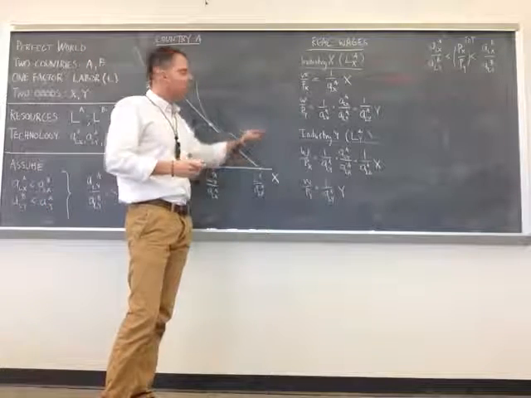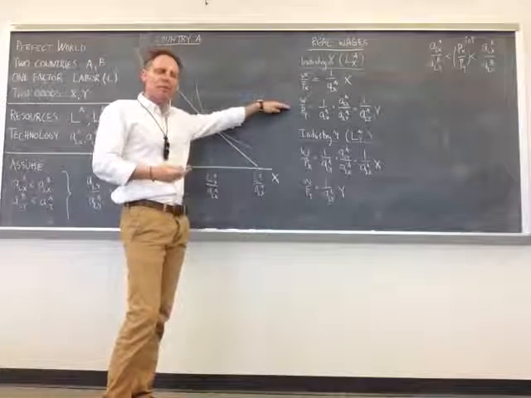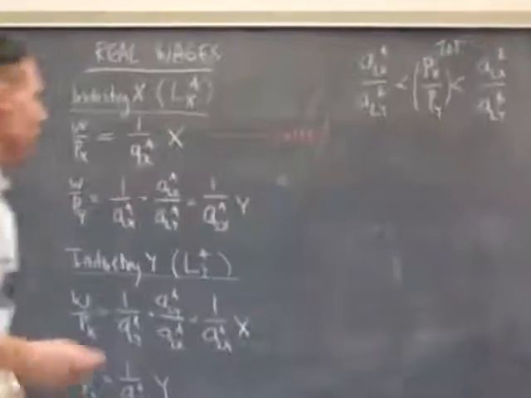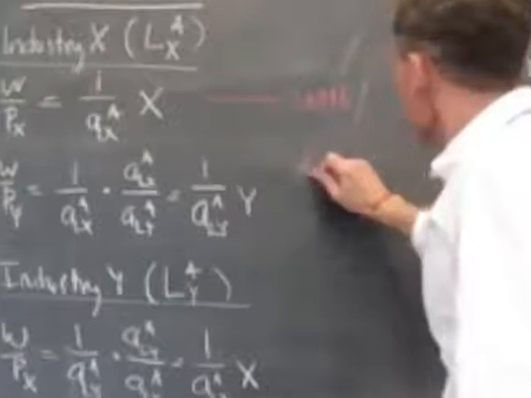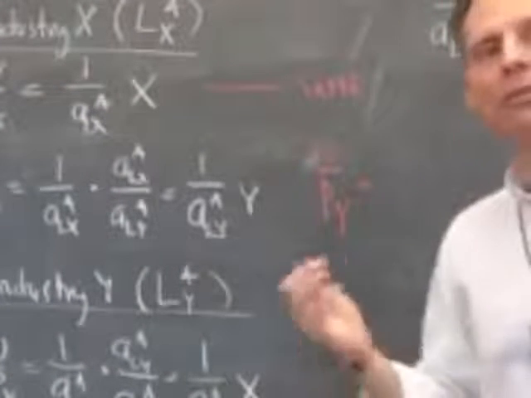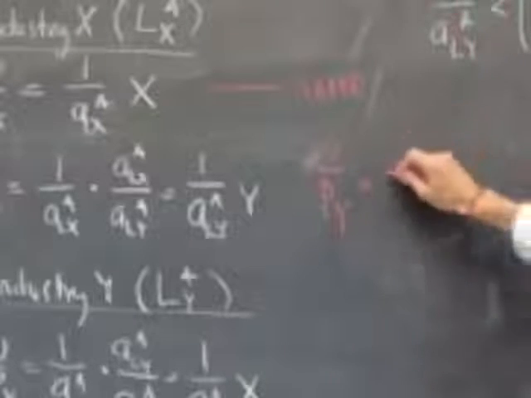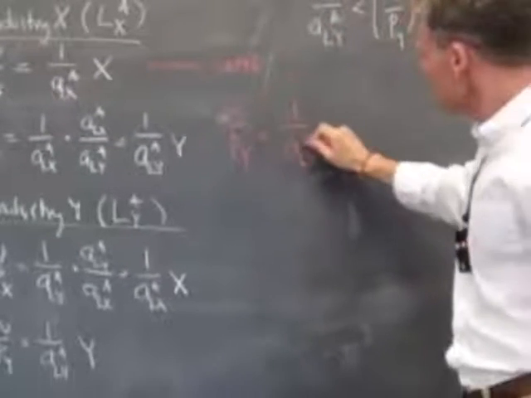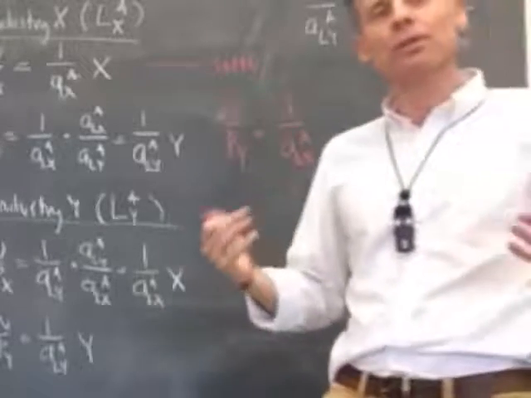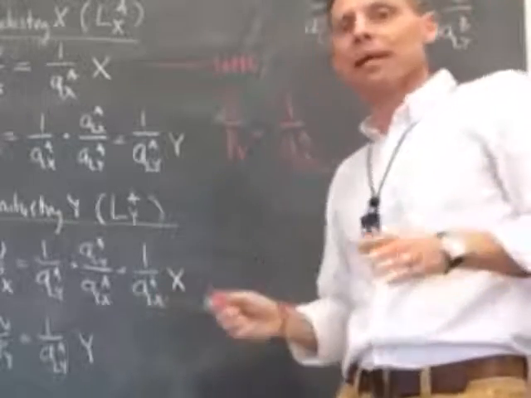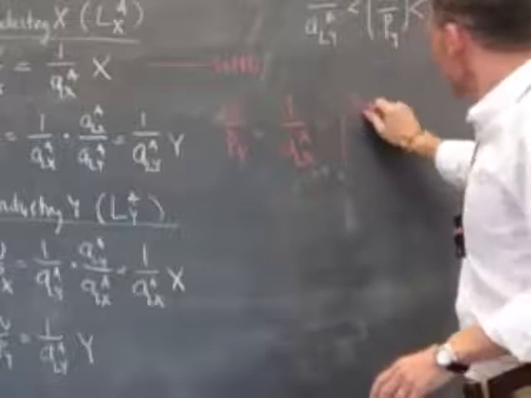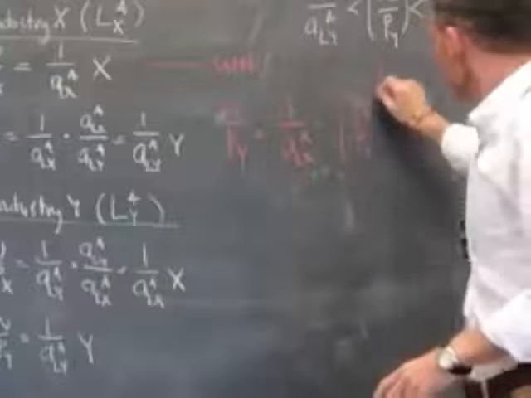But the important point is when you think about good Y for a worker in the X industry. So now when we look at the real wage in terms of good Y for this worker, we know again that they will be producing 1 divided by ALX units of good X. But now they can trade that good at a different price, at the terms of trade.